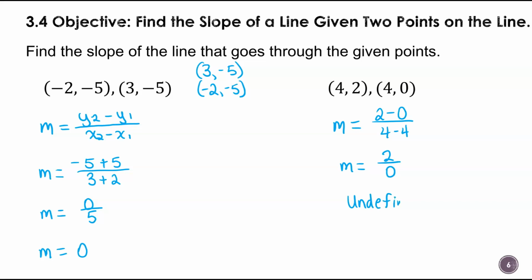This is an undefined slope, and that's because we can't divide by 0, therefore we don't have a defined number. This would be a vertical line on the graph. That's what happens with vertical lines. And I kind of showed you that on the first or second screen.